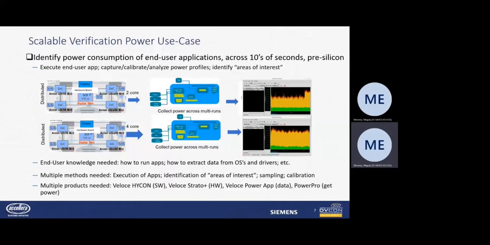It includes using a sampling mechanism and a calibration mechanism. It also involves using different tools like Veloci Hycon as software, Veloci Strato as hardware, Veloci Power App, and Power Flow for the power dissipation.